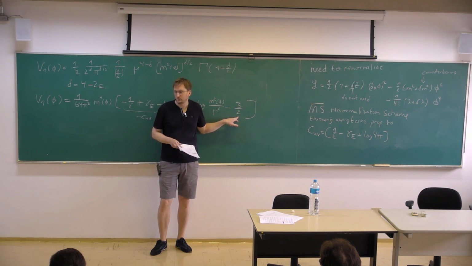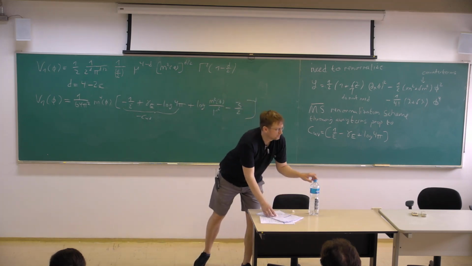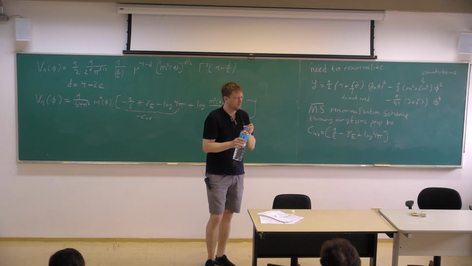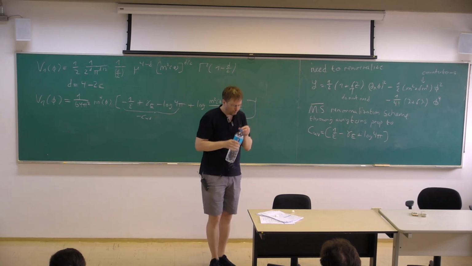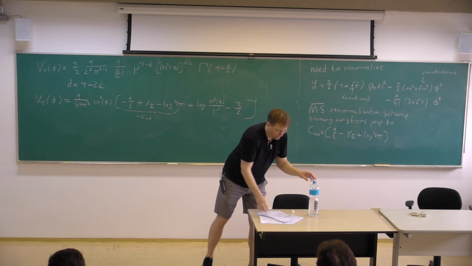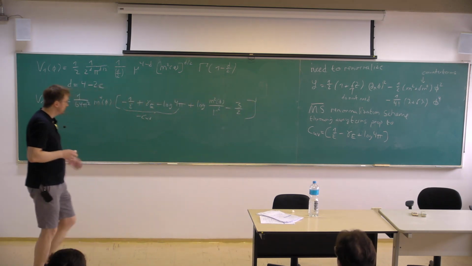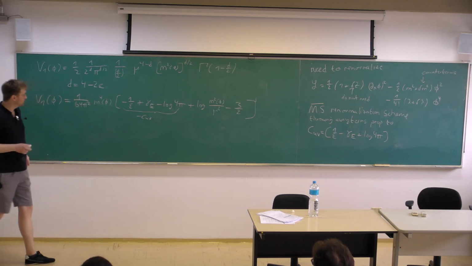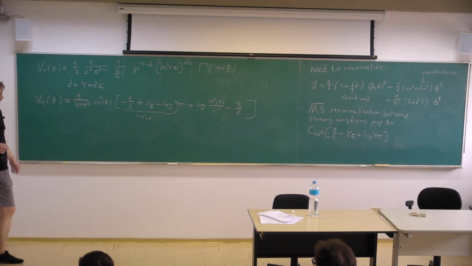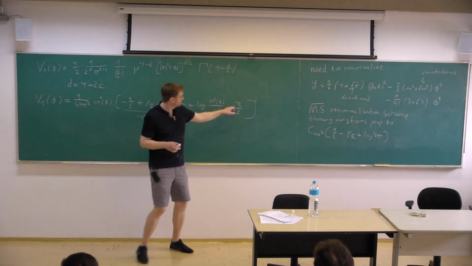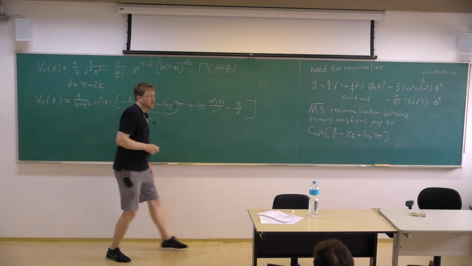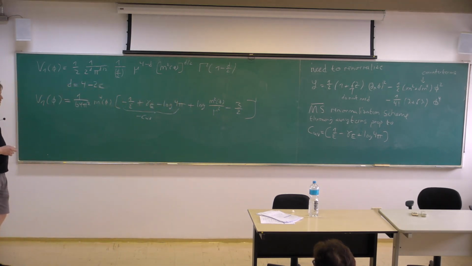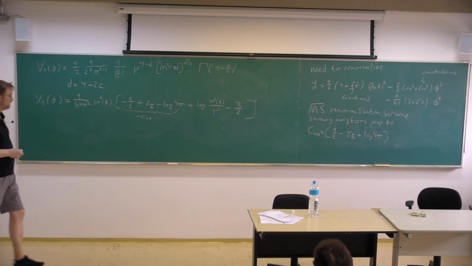I don't think there's any deeper meaning to it. The only reason I see is that if you work this one-loop corrected potential out for gauge bosons, you actually see there's a factor 5/6 here. So you could say that you want to cancel this off. Yeah, I'm not sure.